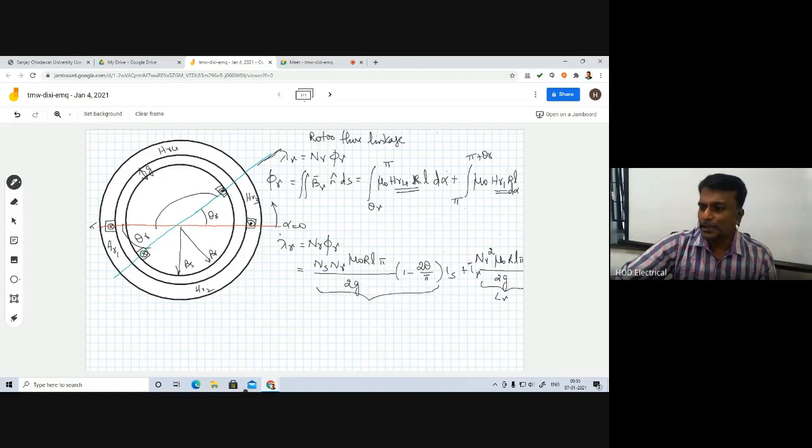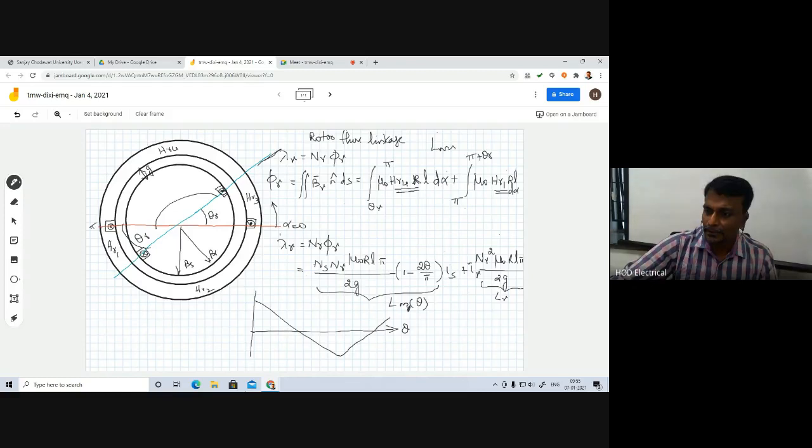So this is our self-inductance of the rotor. This can be the inductance. It is varying with respect to theta, as LMR. Previously we wrote it as LMS, here LMR. In both cases the magnitudes are the same. This will also vary with respect to theta. That means if theta is varying from 0, it will start from here and go here.